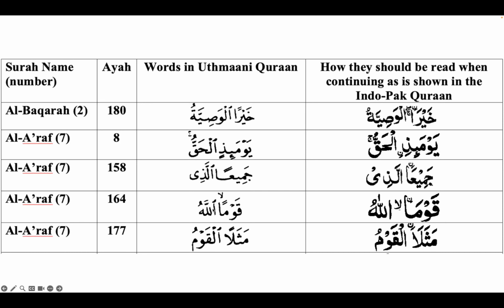Actually, let's do the last two as your, I guess, short homework, right? You can spell it out and pronounce it out yourself. This is going to be qawmanillah, mathalanil qawm.